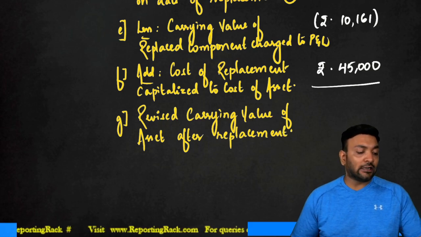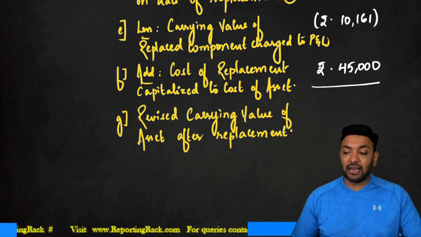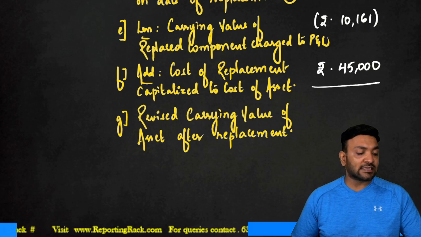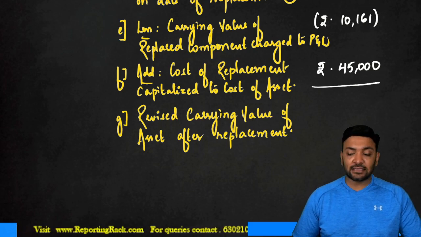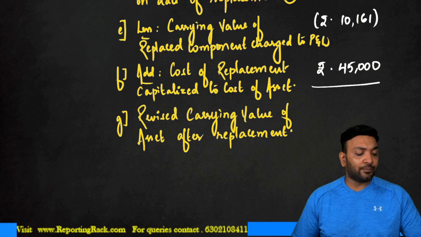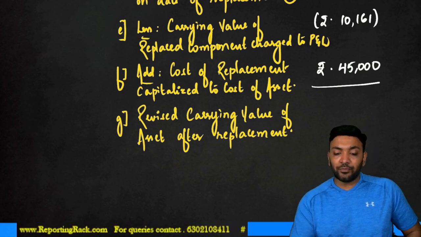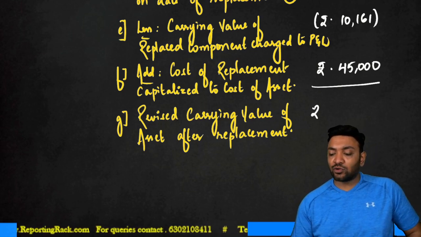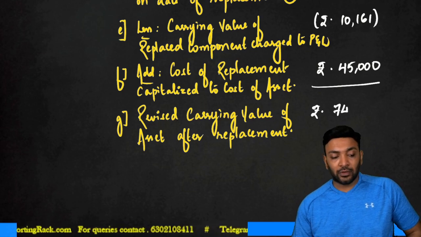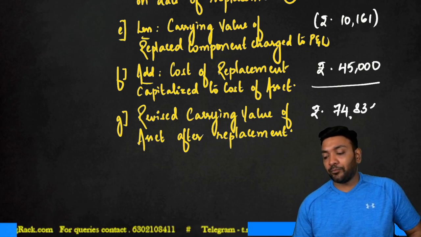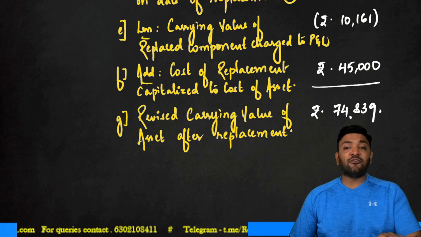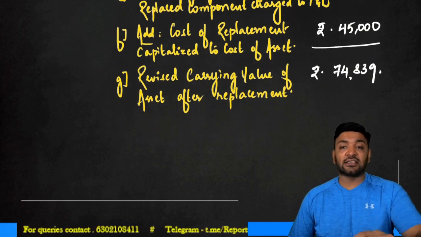Calculate: 40,000 minus 10,161 plus 45,000, which is nothing but 74,839. 74,839 is your answer.